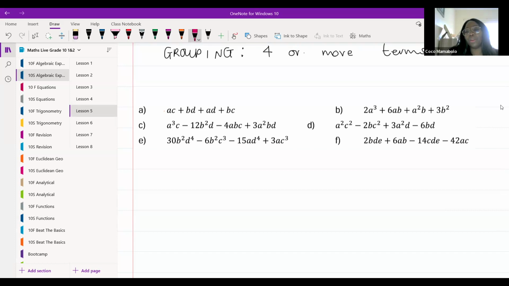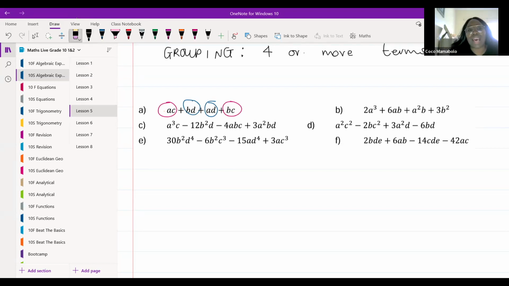Good. Sponilla says AC and BC. So Sponilla wants us to take AC and BC, and then we're going to group BD and AD. Let me do those 2 in a different color. So what I'm going to do is just rearrange.